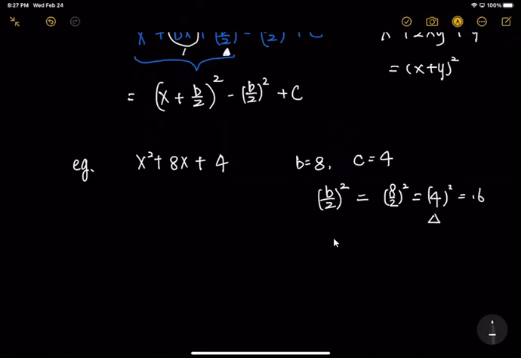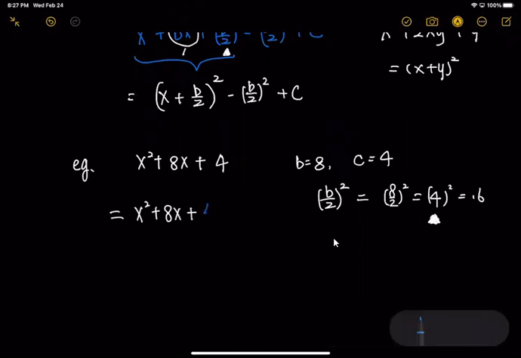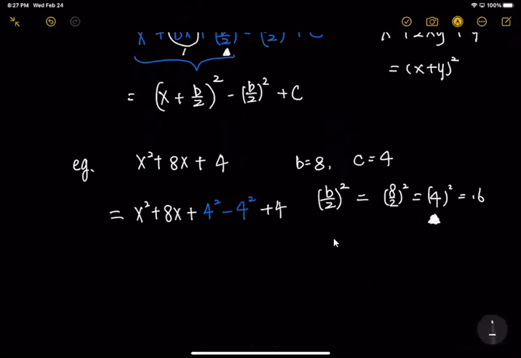But you want to keep it in this form, b over 2 squared. So I have x squared plus 8x, add 4 squared and then subtract 4 squared, and then add 4, which is our c. It should remain the same.